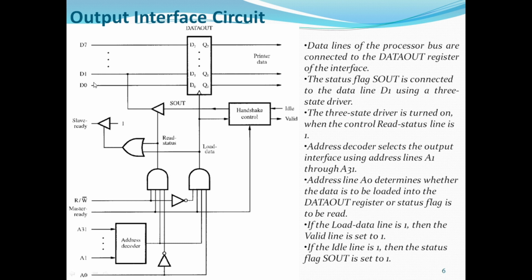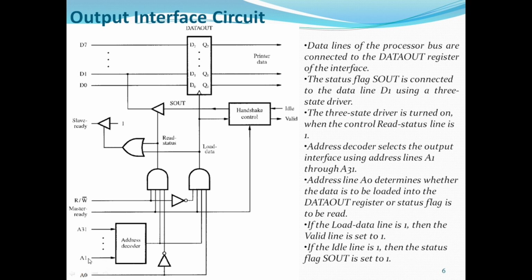As you can see, there are the lines from D0 to D7. Then there is a slave ready unit, then a master ready unit, and this circuit you know already, that is for read status and load status. Then there is an address decoder which performs the decoding task, and there you can see the address lines.